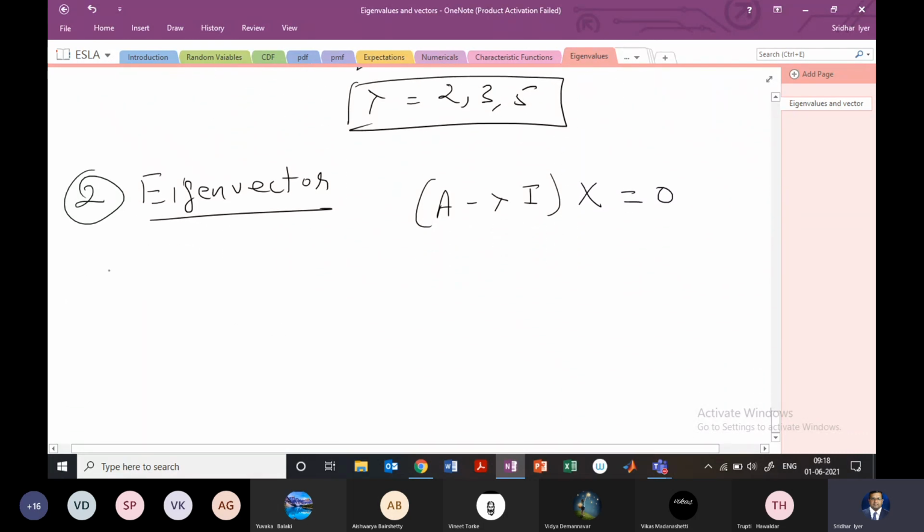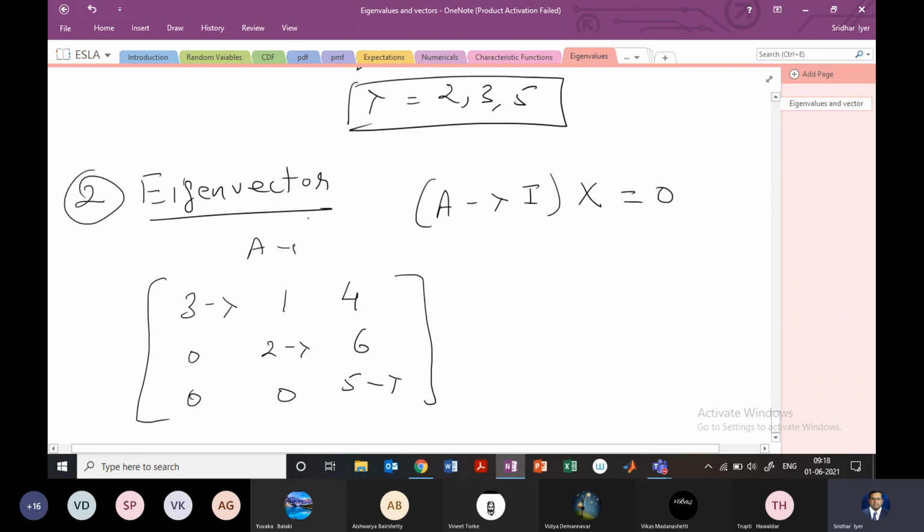A minus lambda I is 3 minus lambda, 1, 4, 0, 2 minus lambda, 6, 0, 0, 5 minus lambda. Okay. So this is your A minus lambda I.